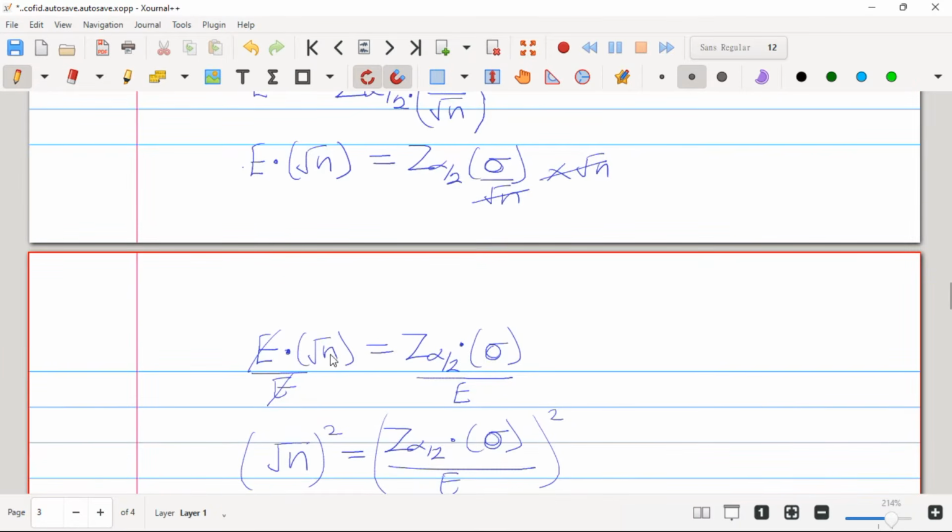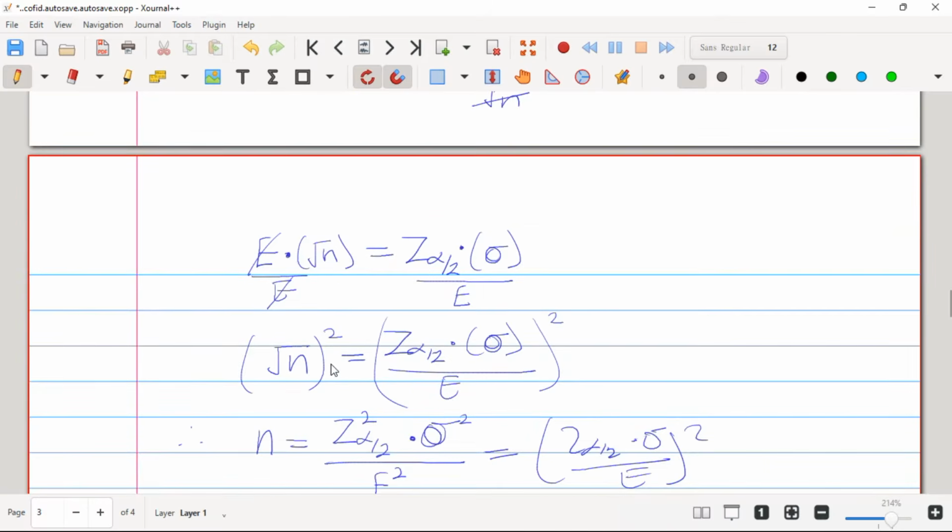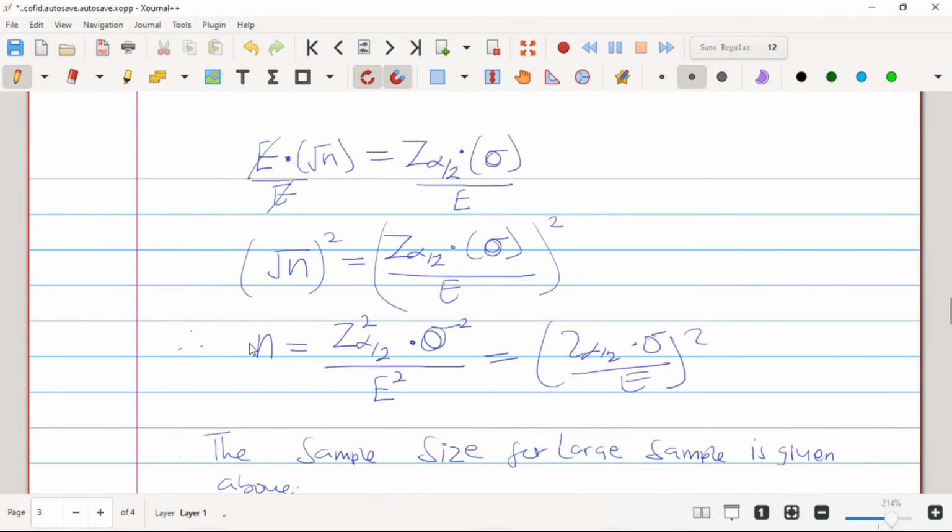Since we want n, not e times the square root of n, we divide both sides by e, the margin of error, to remove it from the n. To remove the square root, we square both sides. Once we square both sides, we get n equal to z subscript alpha divided by 2 squared times the population standard deviation squared, divided by the margin of error squared, which you can write the same as this.